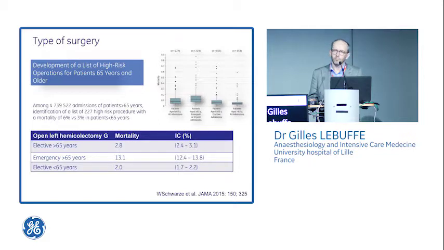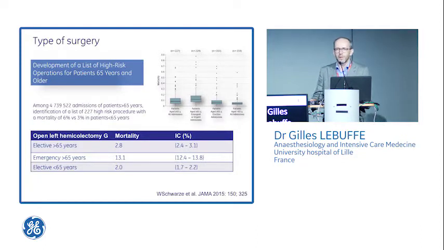For instance, if we observe one of these surgeries, open left hemicolectomy, you can see that the notion of emergency and the fact of a patient older than 65 years significantly increase the mortality rate. So two notions: the notion of emergency and the notion of age of the patient.